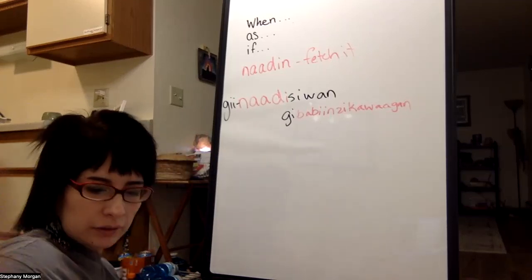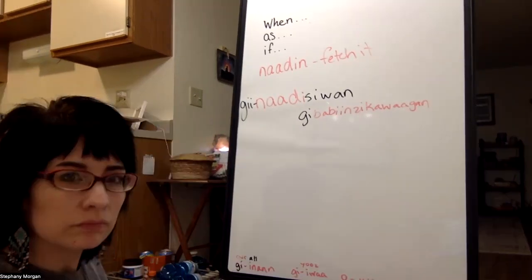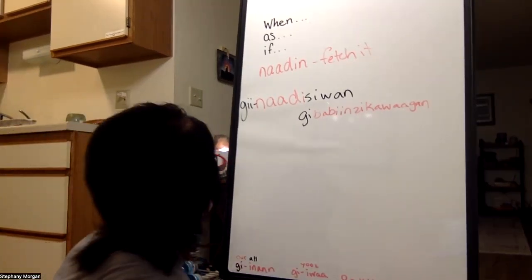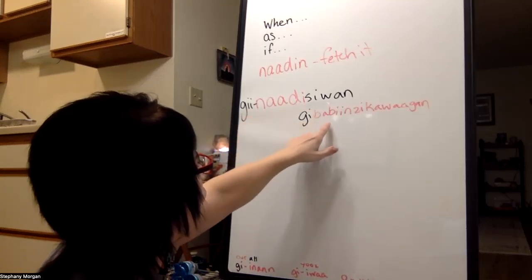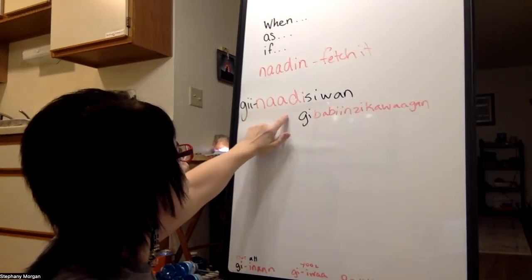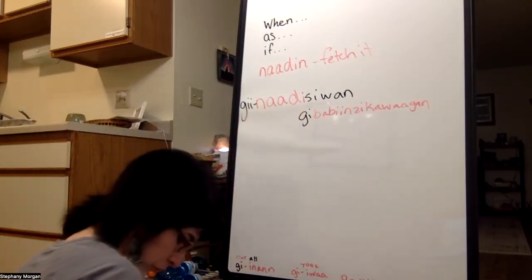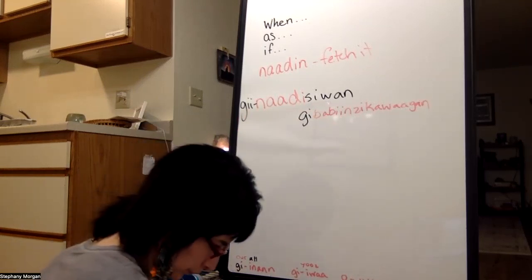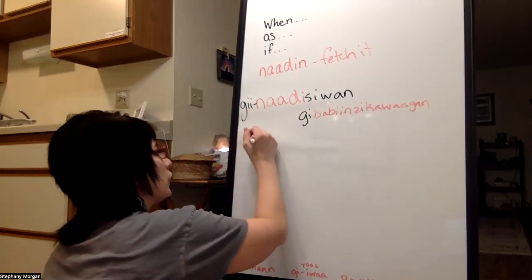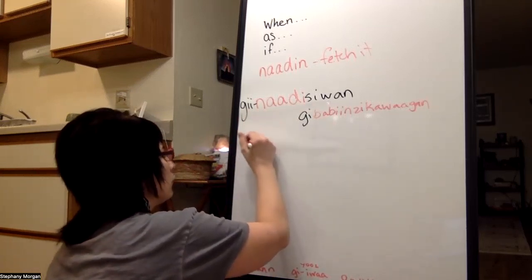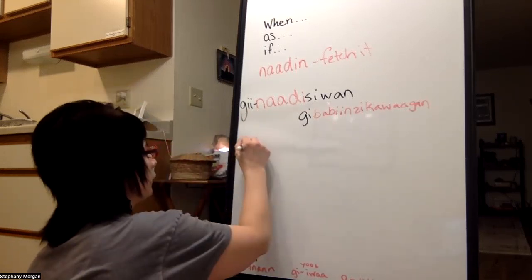So let me remember, I'm gonna pause this for a second. All right, so gi nadisuan ibabin to koagen. When you did not get your coat, or when he did not get his coat. We're gonna go with he, time tense, past.